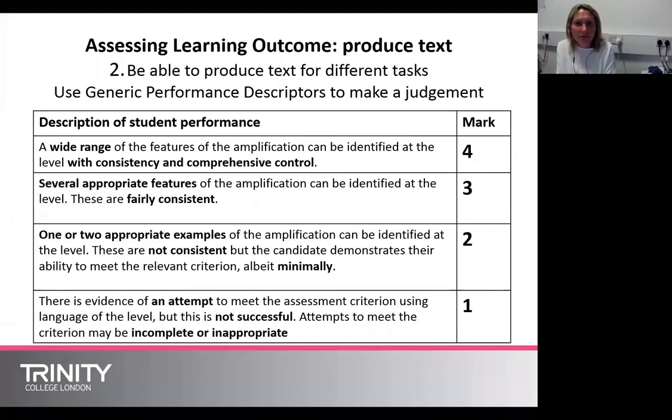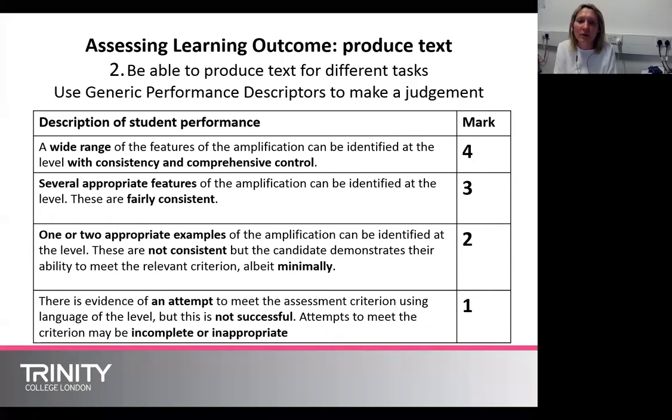The second learning outcome for both level 1 and level 2 is linked to producing text. So being able to produce text for different tasks, we have 1, 2, 3, or 4 marks if the candidate has produced anything in that task.